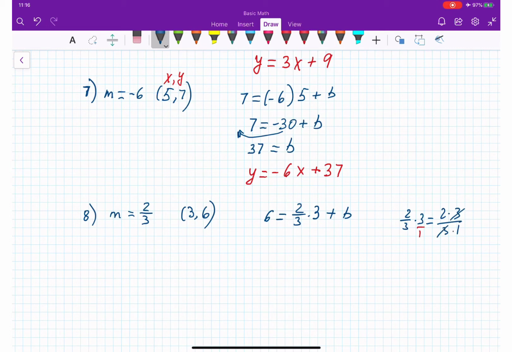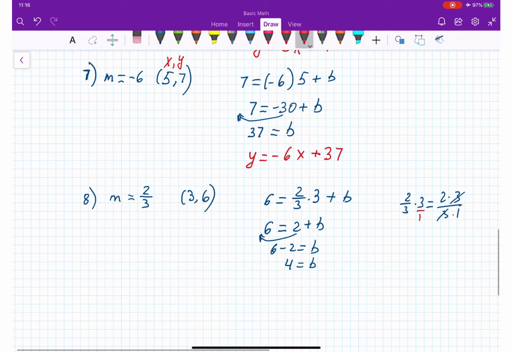So 6 equals 2 plus b. And moving 2 to this side, it's going to be negative. 6 minus 2 equals b, and 4 equals b. So b is equal to 4. And from here, our equation is going to be y equals 2/3, our slope, x, plus 4. Okay?